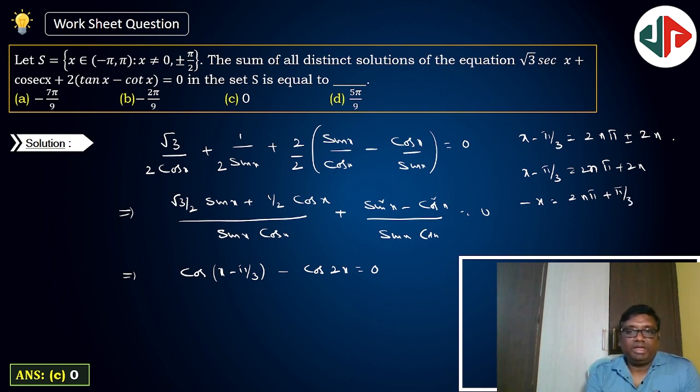So it is less than minus pi, values only will exist. Similarly, if you take minus 2x, it is more than pi. So for the total sum of all distinct values, we can consider all values. If we add them, x will be pi by 3, minus pi by 3, plus 7 pi by 9, minus 5 pi by 9. This sum value is always equal to 0.